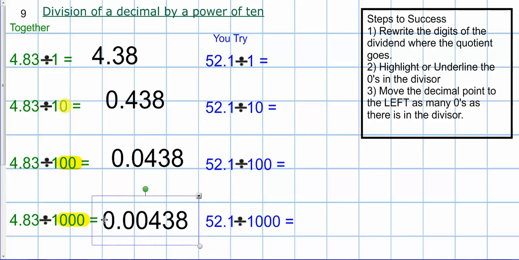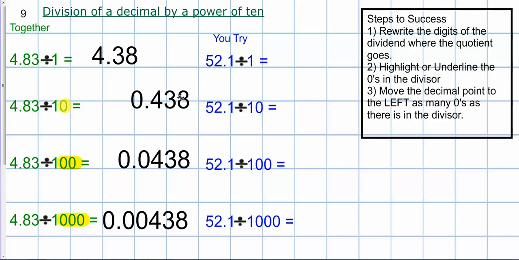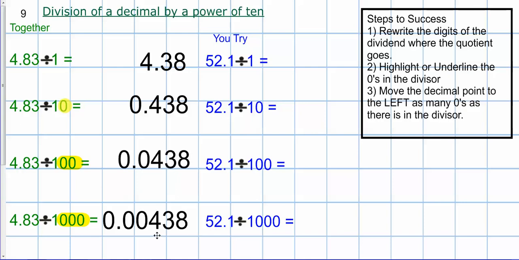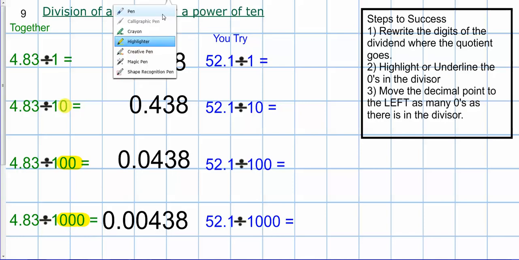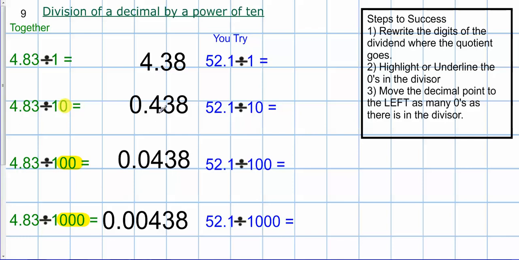Hopefully you notice a pattern here. I'm going to line these up so all of the 8s are lined up. So I have 4 and 38 hundredths, 438 thousandths, 438 ten thousandths, 438 hundred thousandths. However many zeros I see in my divisor tells me how many times I move the decimal point over.